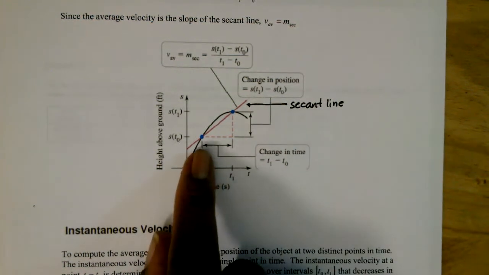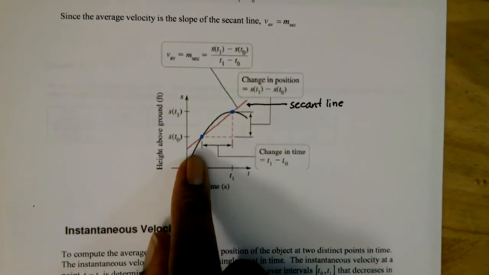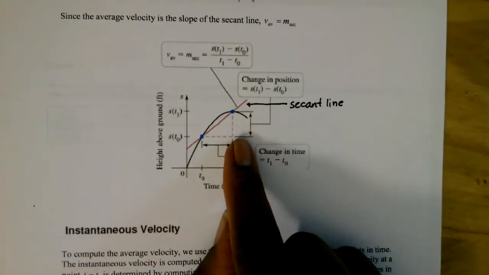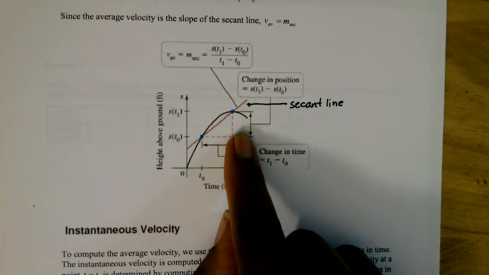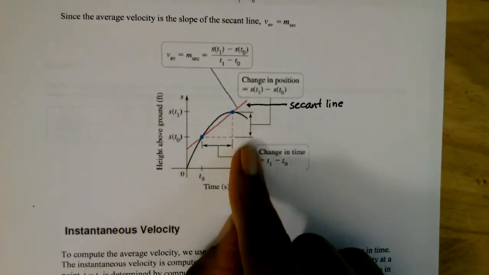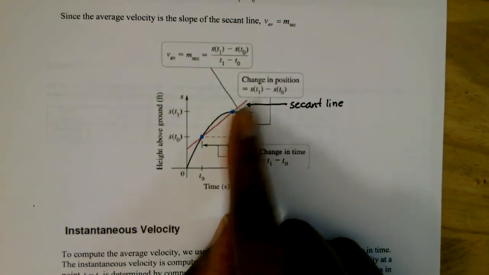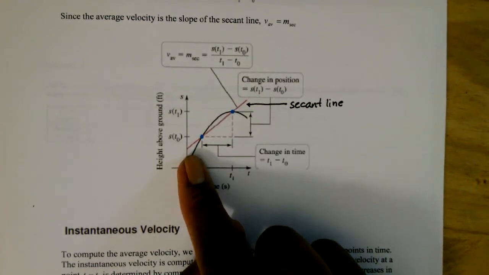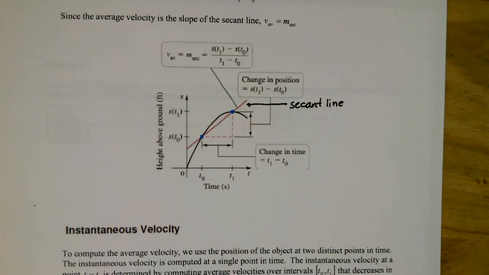And of course here, from t sub 1 to t sub 0, that's a change in time. And then from s of t1 to s of t0, that is the change in the position. And it ends up being the slope. You've probably heard that word slope in other math classes. So that's your slope of the secant line.